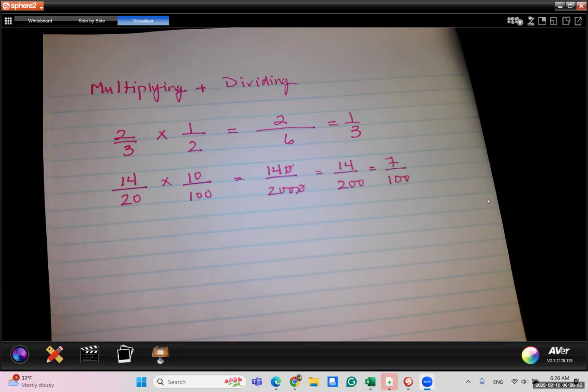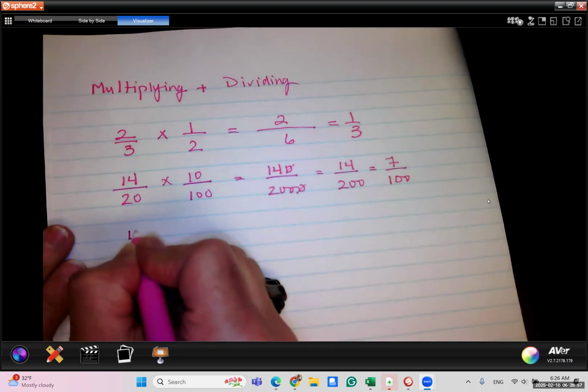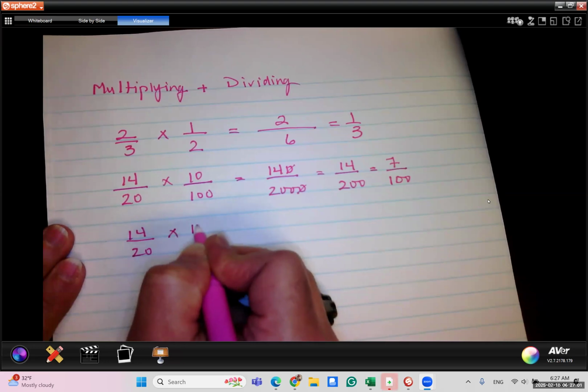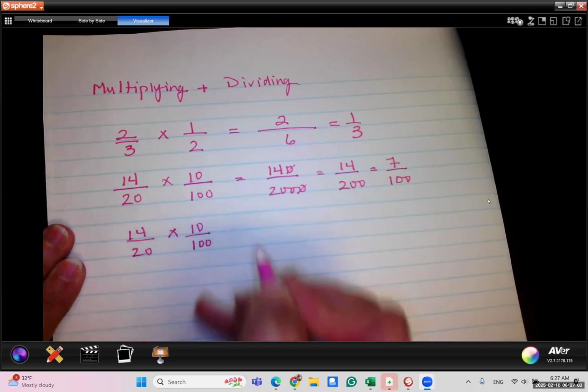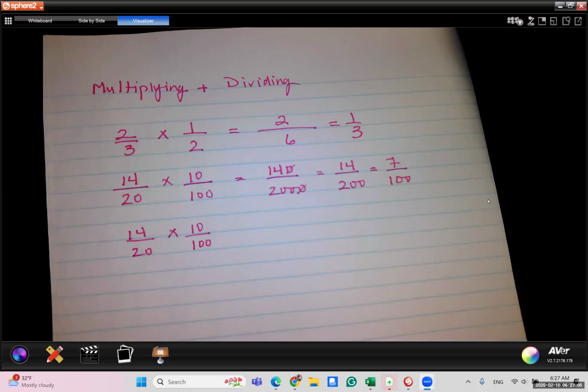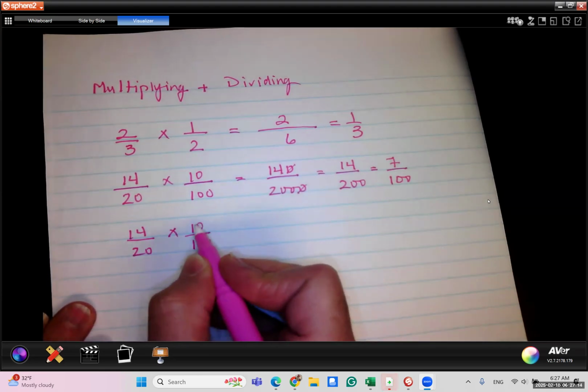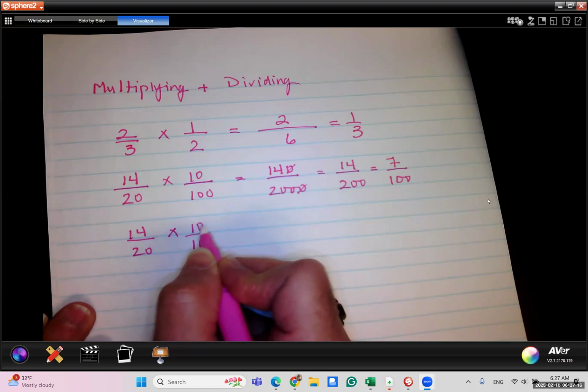But you could have done this a little bit differently from the beginning, so it would have been a little bit easier. What you can do is, remember, anything from the top and the bottom can cancel each other, or if you can figure out what they have in common, you can simplify in advance. So for example, I can go like this.